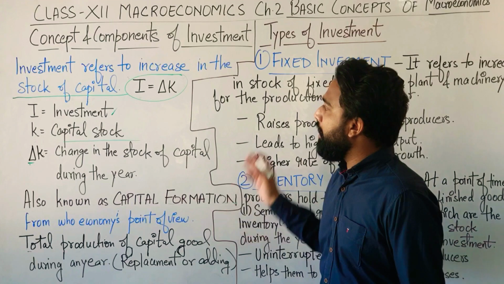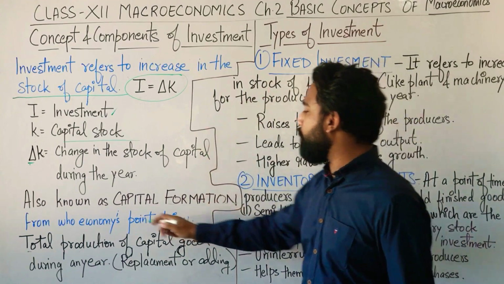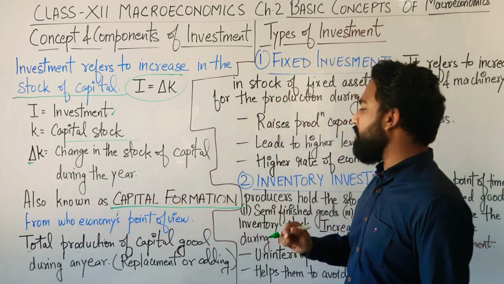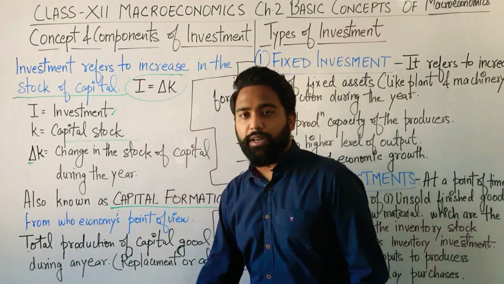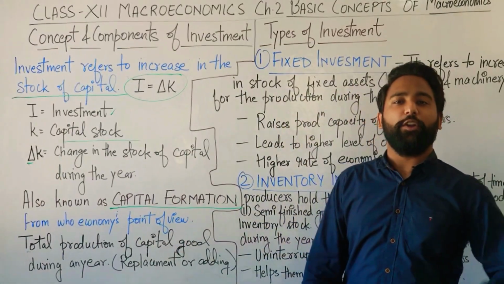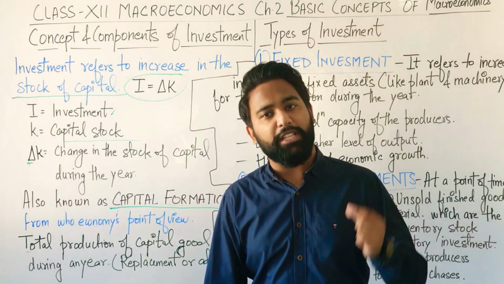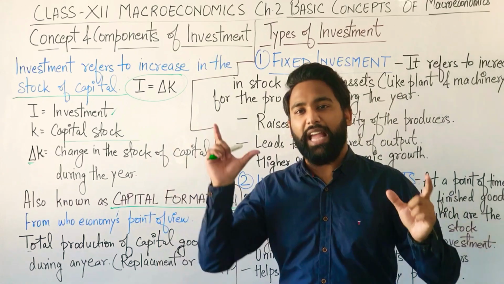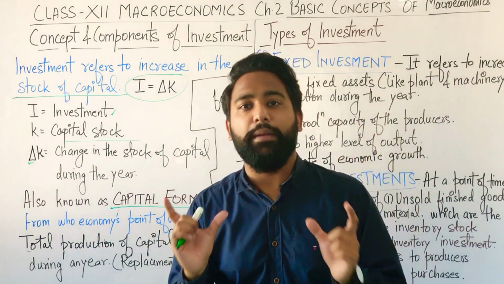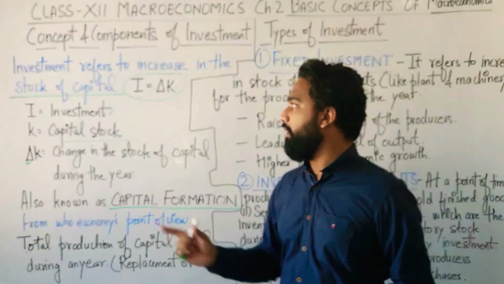Is that clear? Now, investment is also known as capital formation. The another term of investment is capital formation. If we are talking about capital formation, it means we are talking about the investment. Both are same things, but name is different.